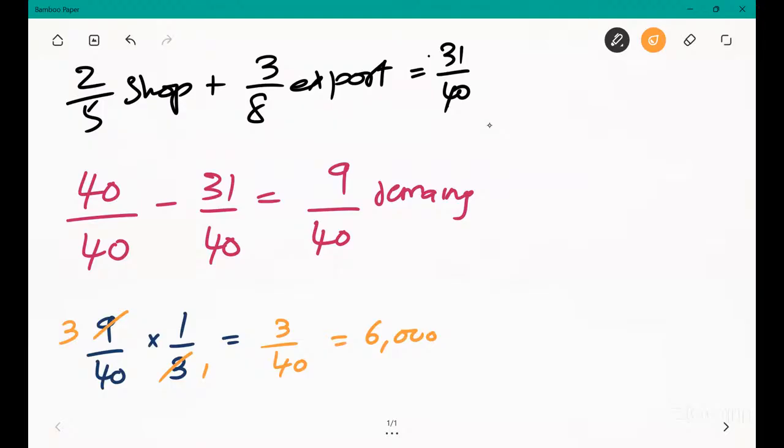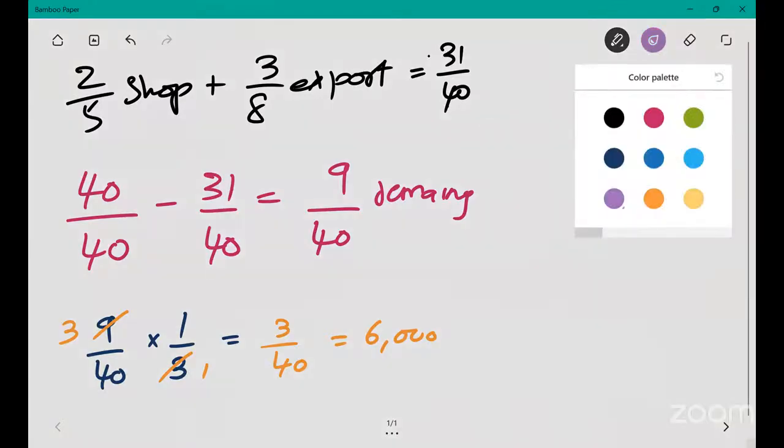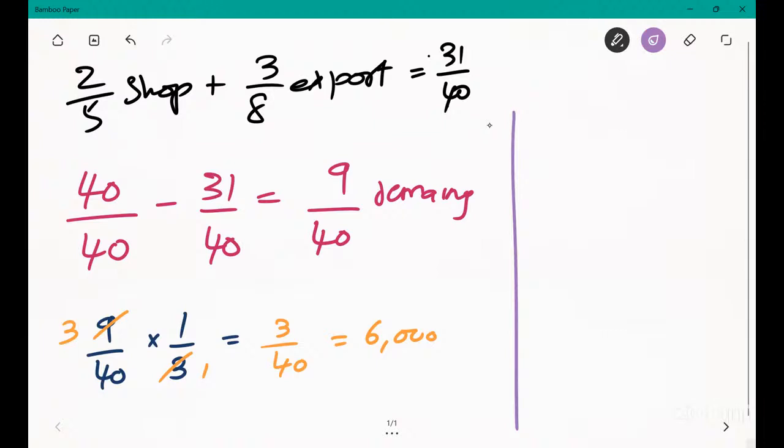So they're asking us the total amount. Again, how we did previously, we know that 3/40 is equal to 6,000. So then we have to find the total.